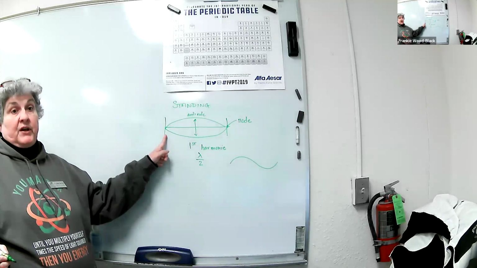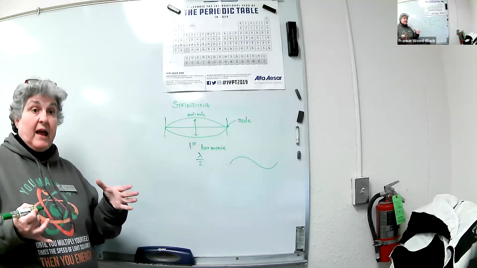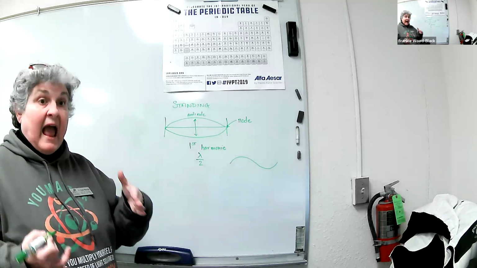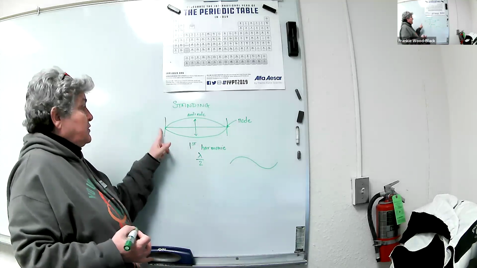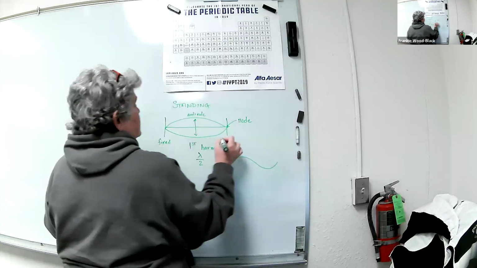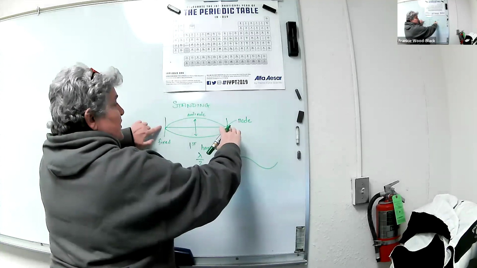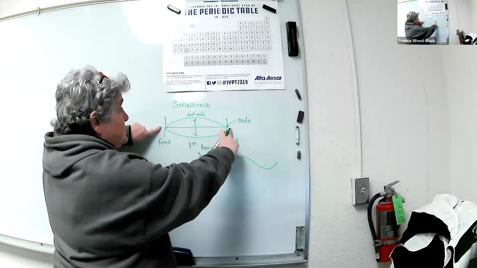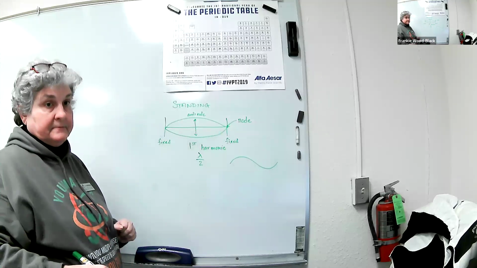Granted, I'm looking at half of a whole bunch of them in order to get that standing wave set up. So for this first harmonic, this is a fixed point, and this is a fixed point. Those fixed points show my nodes, and then I've got my antinodes, and that's my first harmonic.